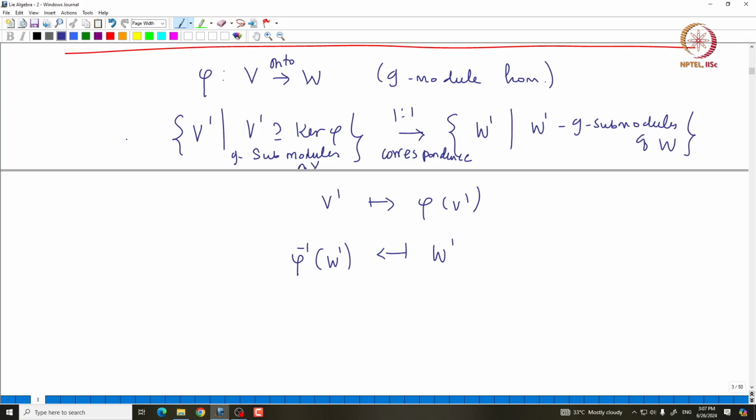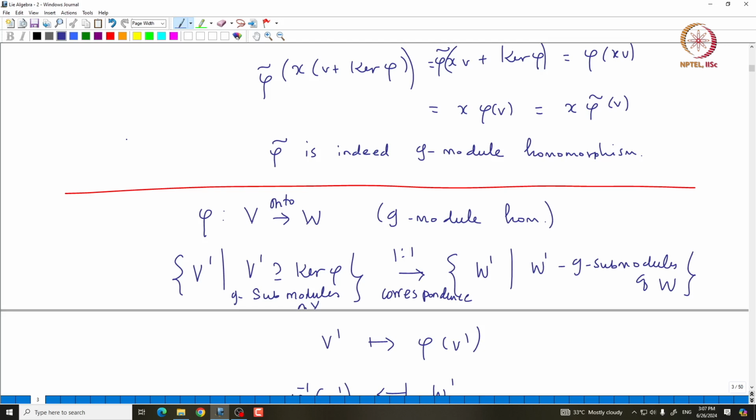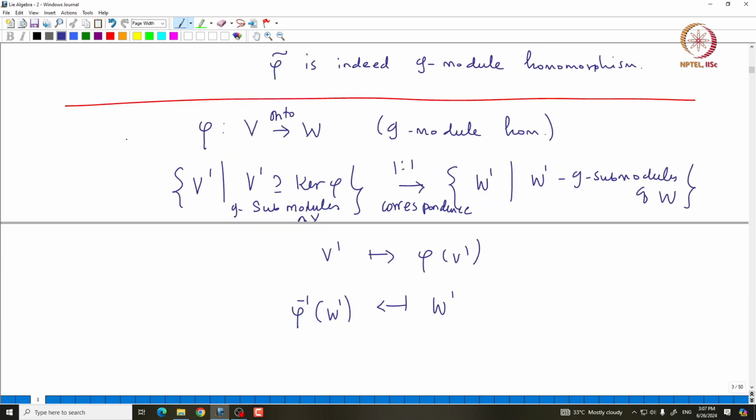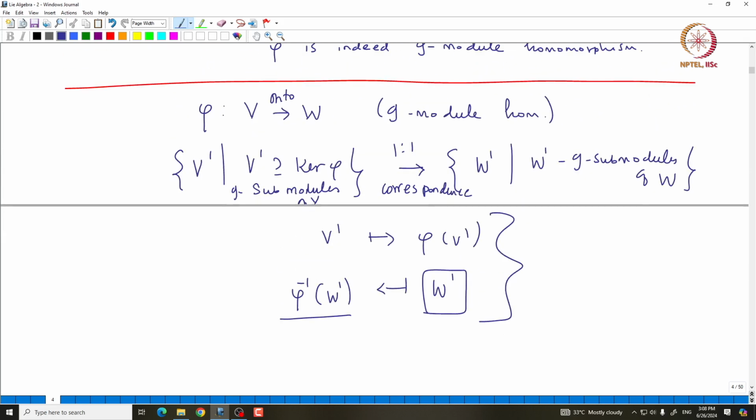It immediately follows from the fact that we have such a correspondence between vector spaces, and whenever we start with a G module, we end up getting a G module on the other side, and vice versa. So, this is something easy to check, and I will leave it as an exercise.